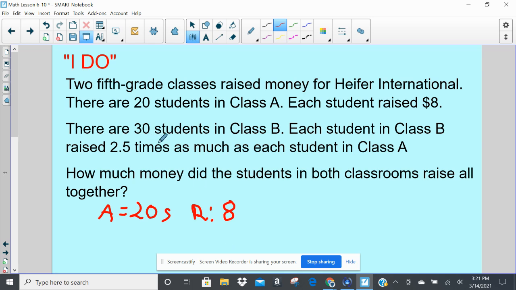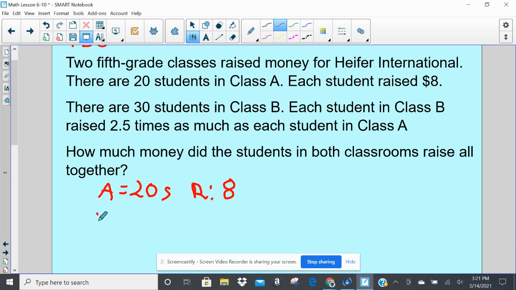All right. There are 30 students in Class B. Okay, so B has 10 more students than Class A, and each student in Class B raised 2 and 5 tenths times as much as each student in Class A.